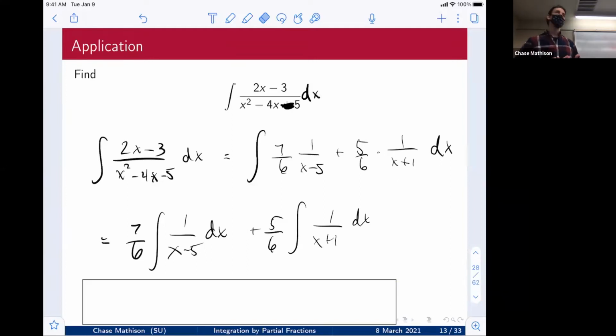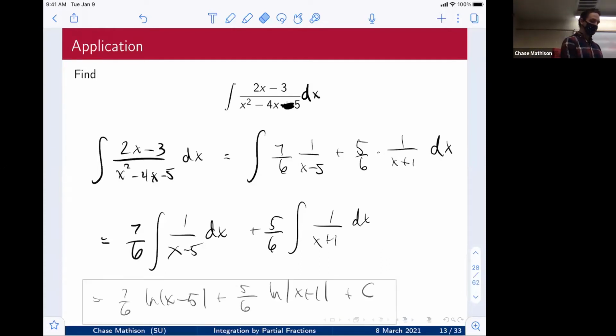Technically, it's a u substitution. u is x minus 5, so du is dx. So then I'll get the integral of 1 over u du. That gives me natural log of u, and you'll end up with natural log of the absolute value of x minus 5. Okay, and you do the same thing for the second integral, and voila, there we are.